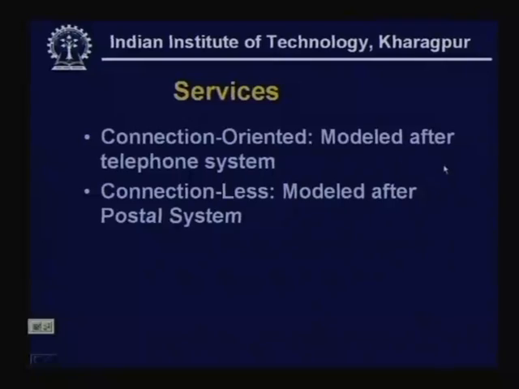Then the postman collects it from the letter box, puts it in a bag, and sends it to the distant place. There another postman will open it, and by looking at the address, he will deliver it. So, it can be connection oriented or connectionless. Later on we shall have examples of the connection oriented and connectionless services used in different applications.